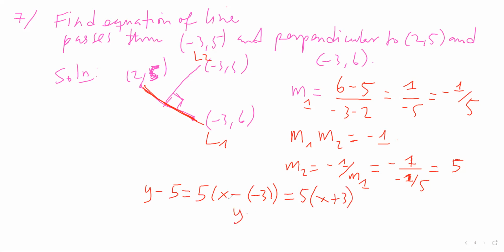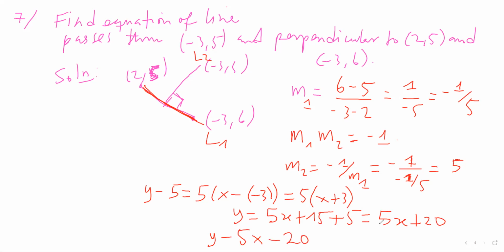And this is y is equal to 5x plus 15 plus 5, which is 5x plus 20. So the equation of the line is nothing but y minus 5x minus 20 is equal to 0. Okay.